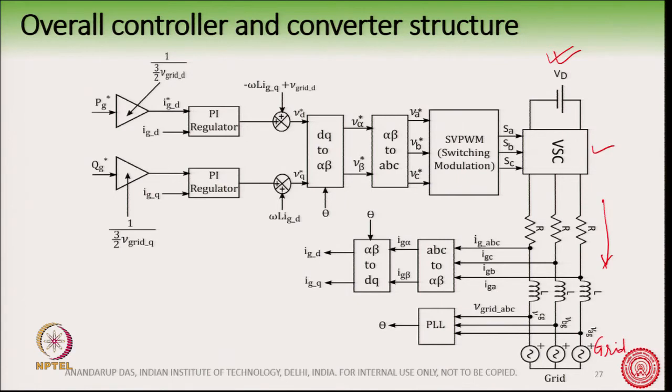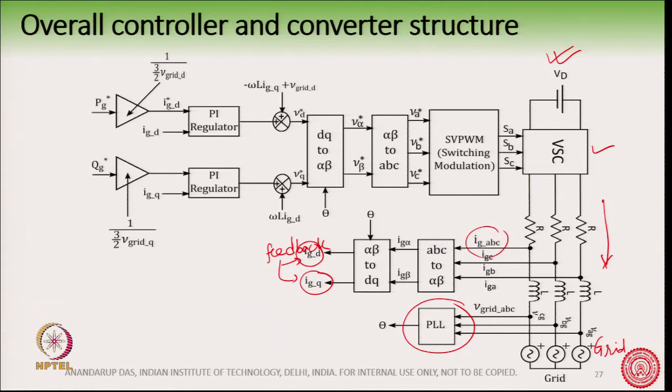This block we described earlier is the PLL, and we also get the theta from there. We sense the current through a current sensor, and we convert that current into alpha beta and to dq, so as to get the feedback of the grid d axis current and grid q axis current. These two are the feedback items, so we know what the feedback current is.